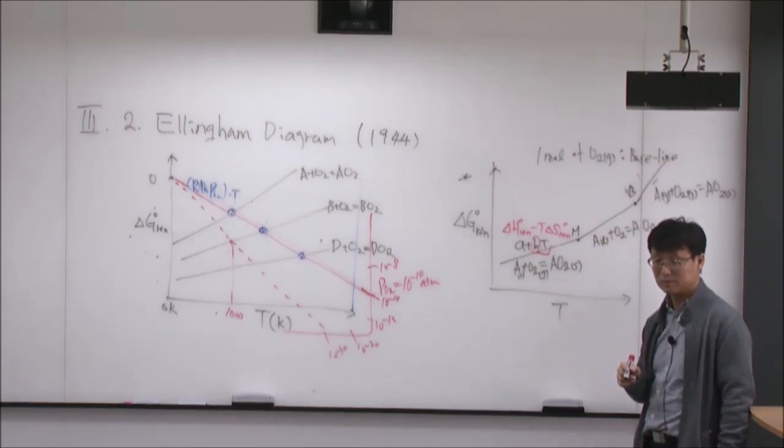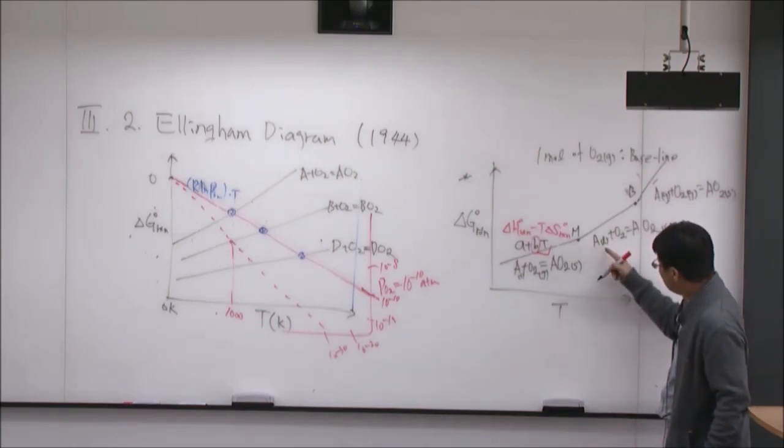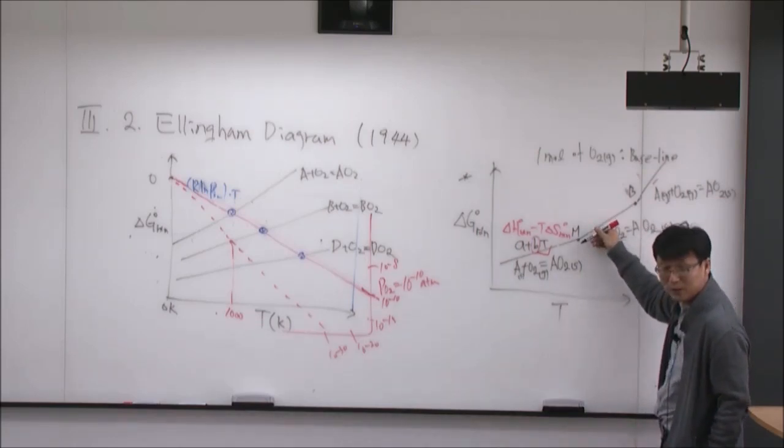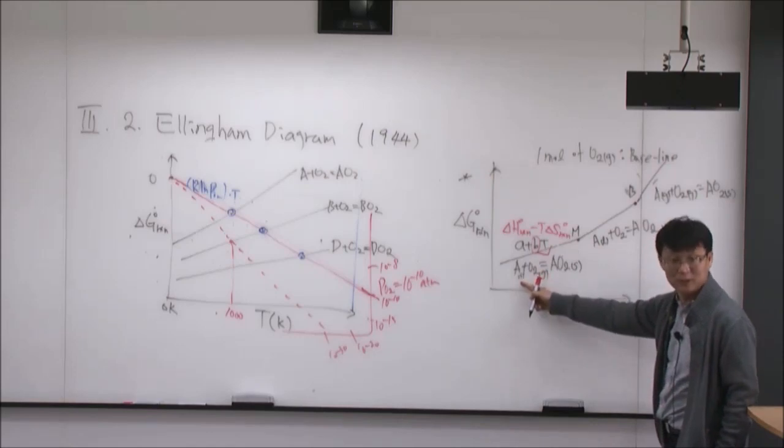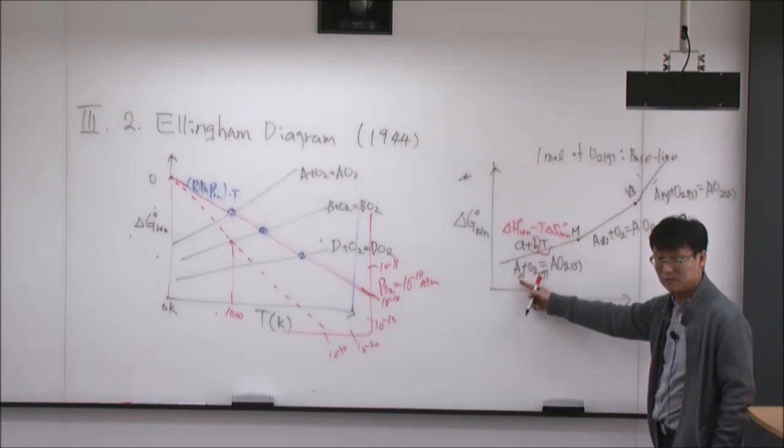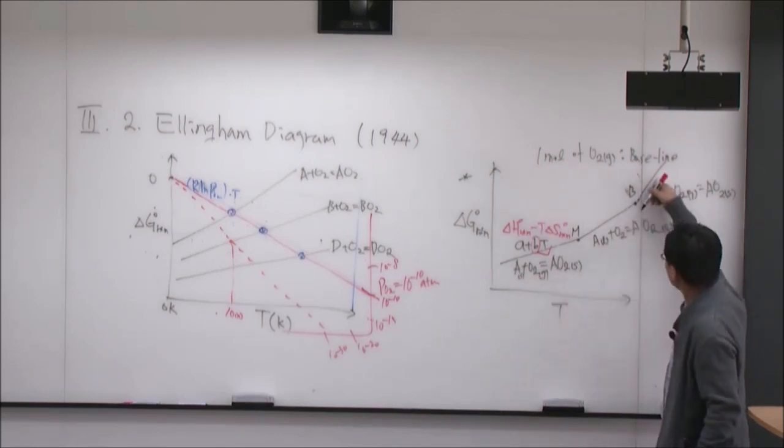Okay? And then when it becomes liquid phase, it becomes a little bit more positive because solid becomes liquid. Liquid has a little bit higher entropy than solid. Am I right? And then when A becomes gas phase, it's a much bigger difference.